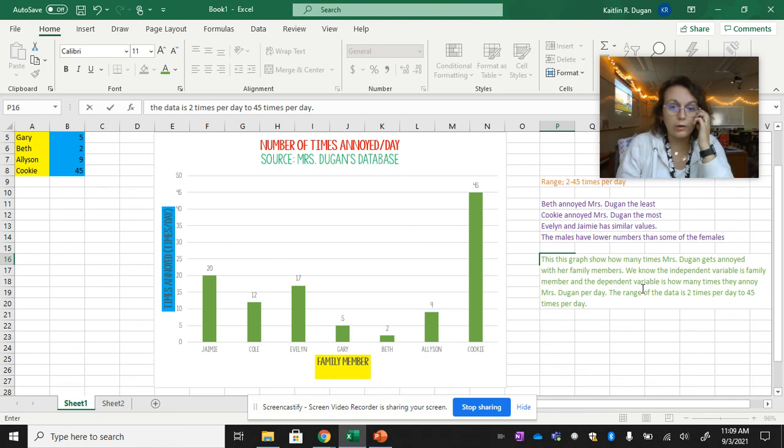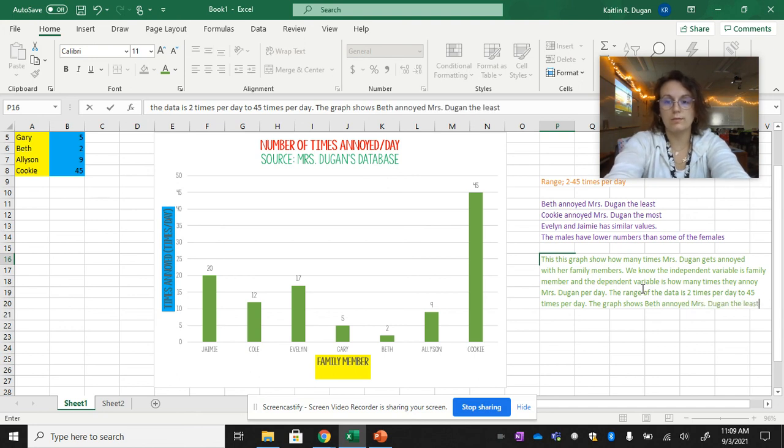Okay, now we're going to say any of the patterns that we see, any of our observations. So we know the graph shows Beth annoyed Mrs. Dugan the least, and Cookie annoyed Mrs. Dugan the most. Jamie and Evelyn have similar values.